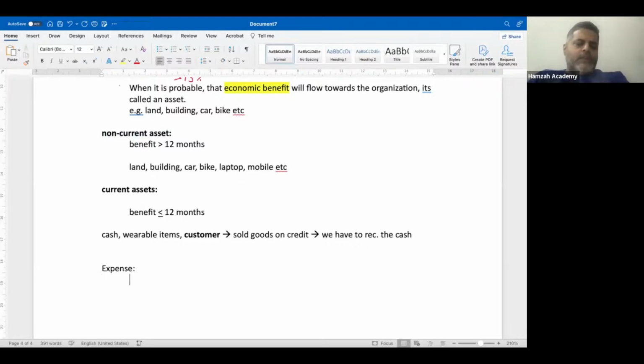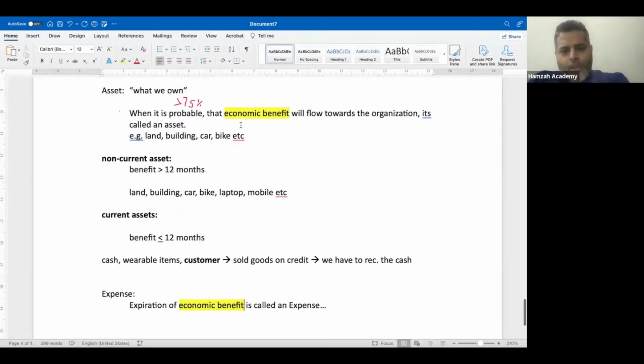Expense means when you consume something, and that is the expiration of economic benefit. Expiration of economic benefit is called an expense. Now, when we have an inflow of economic benefit, that is an asset. When that same economic benefit expires, it's an expense.